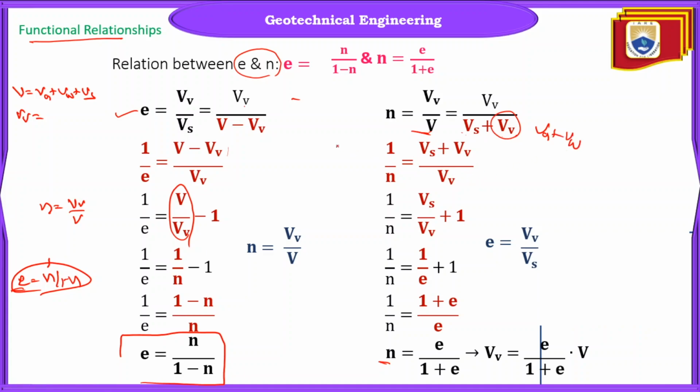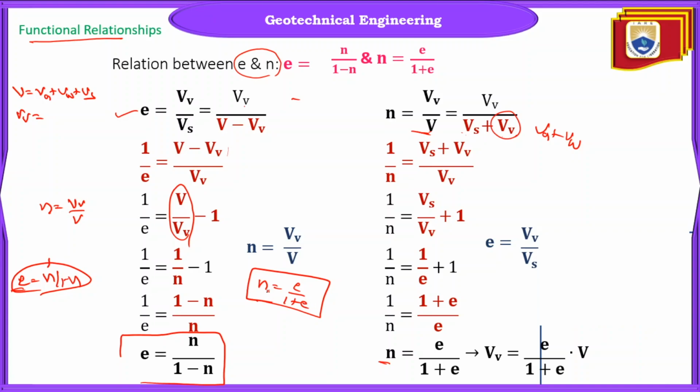All these basic definitions need to be remembered to understand the concept deeply. Once we solve this, finally we get n is equal to e by 1 plus e, the relationship between void ratio and porosity in terms of n.